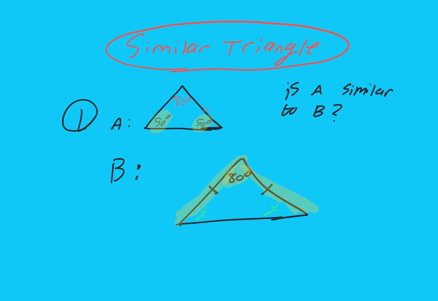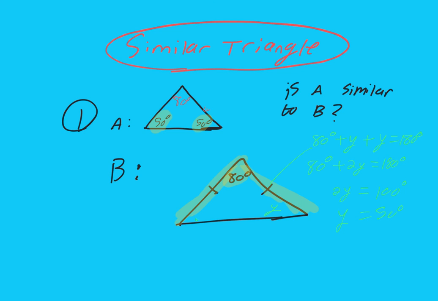So those two angles will be equal. So in this case, we have 80 degrees plus 2y equals 180. So 2y is equal to 100 degrees, and y is equal to 50 degrees.